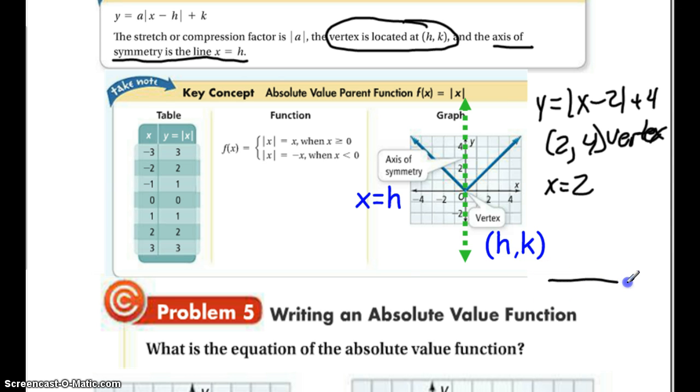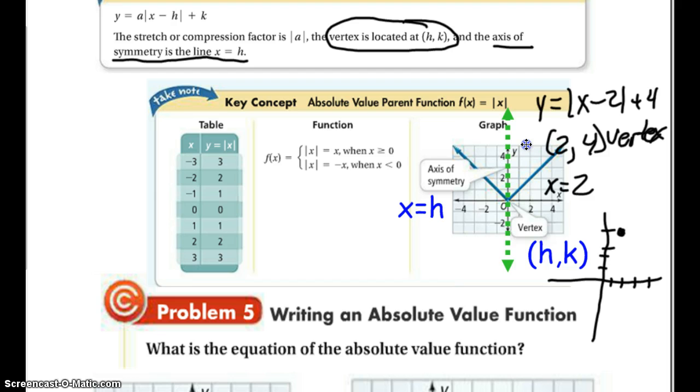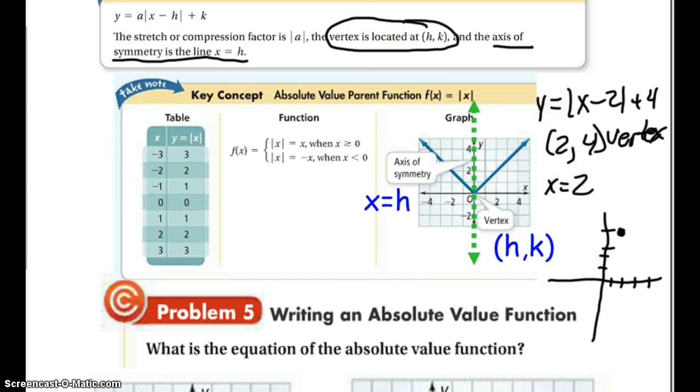Here's a little picture of what that might be. I would go to the vertex 2, 4, put my point right there, and then my axis of symmetry is going to be x equaling 2. So I'm going to have to draw myself a little line here, and it's going to go right through the vertex and the x-axis.